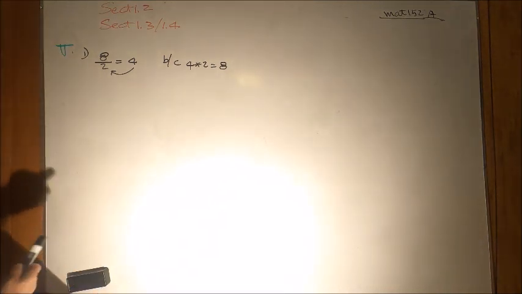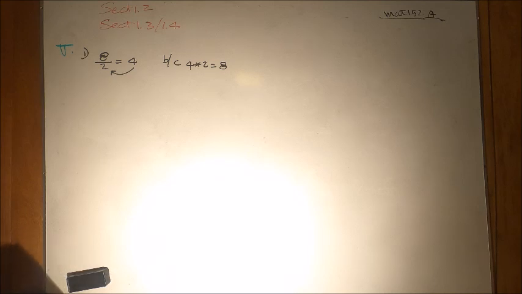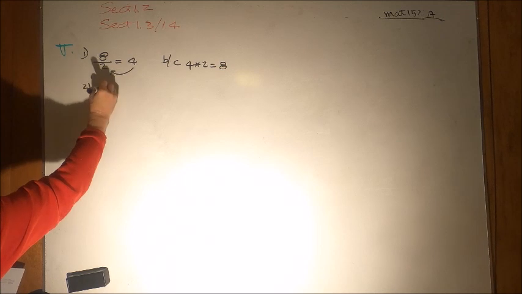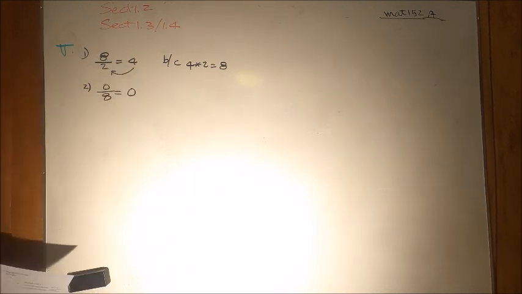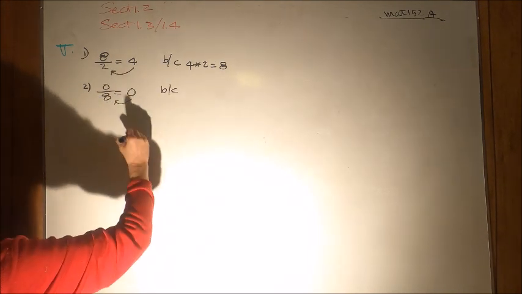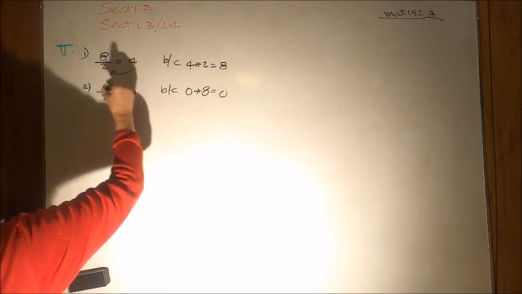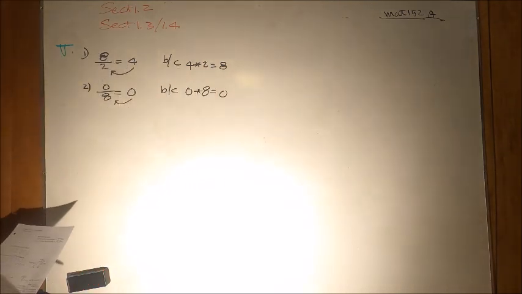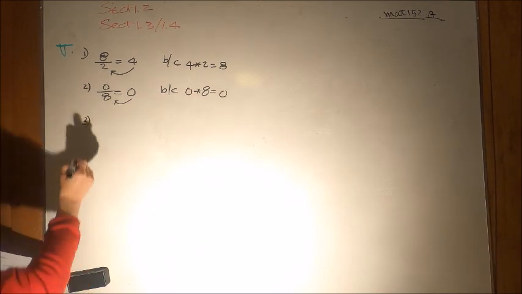So division is the opposite of what? Multiplication. Right? So if we have 0 divided by 8, which is 0, because when we multiply them back, 0 times 8, then we can get back to the number. Then take a look.